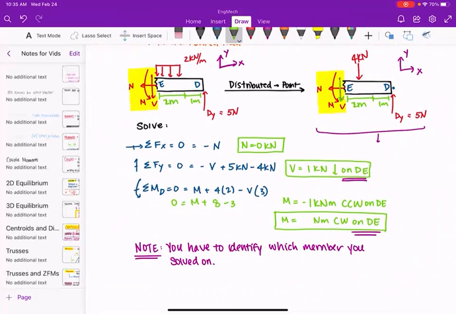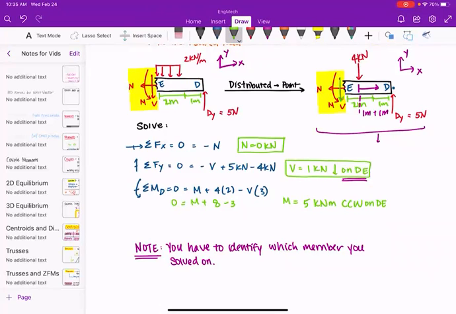Because this 4 meters here is at the halfway point of that, it would be 1 meter here plus 1 meter here, which is 2 meters. And then you simply solve. So that would end up being 5, because it's 8 minus 3, so 5 kilonewtons counterclockwise on DE.